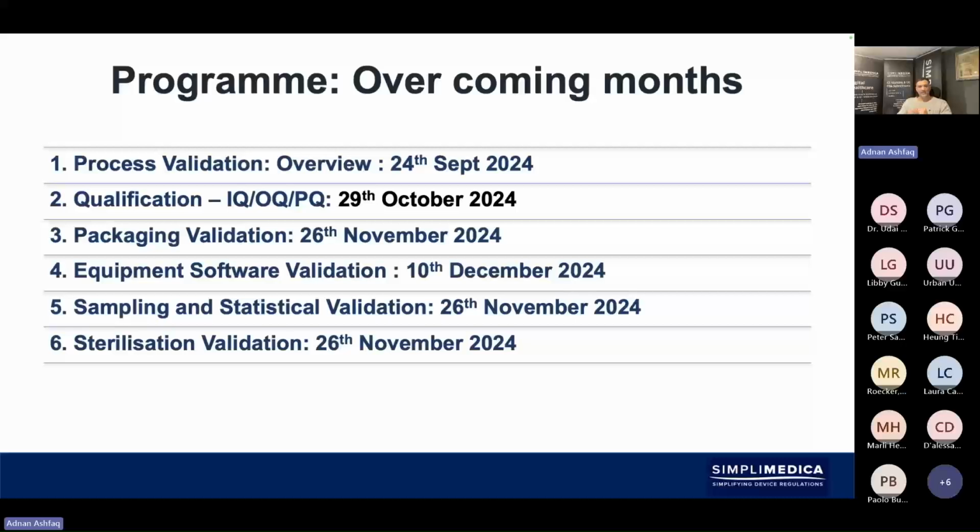We will be looking at some of the approaches from various other guidance documents that are available, such as the FDA and also GAMP, Good Automated Manufacturing Practice. And then that will hand us over to the new year. We will be looking at further topics over and above validation. So without further ado, I will move on.